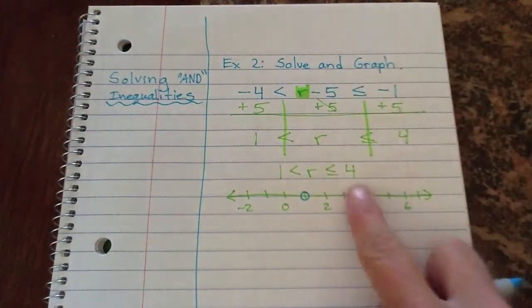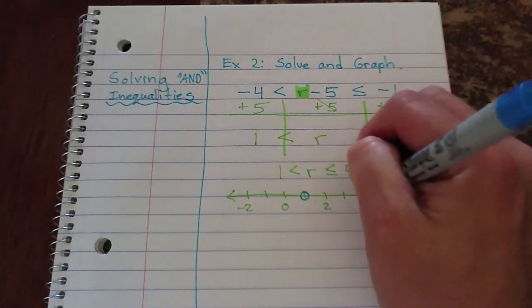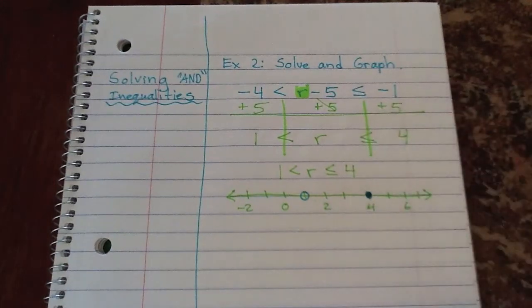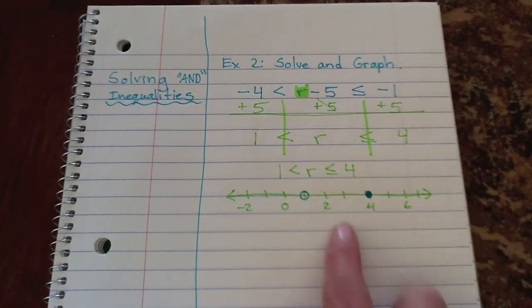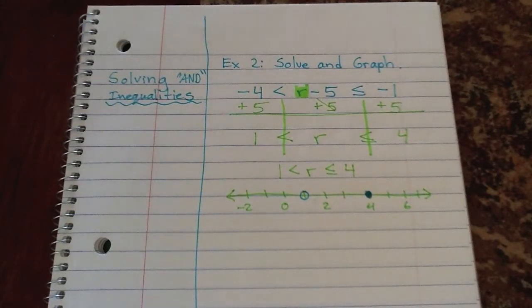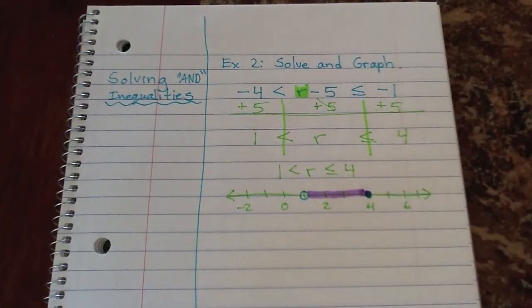But a closed dot on 4 because it's or equal to. And now, following the pattern of what I know with these compound inequalities that are written this way, I know that the middle is what should be shaded. I always check it just to make sure because that might help me catch mistakes if I made any.